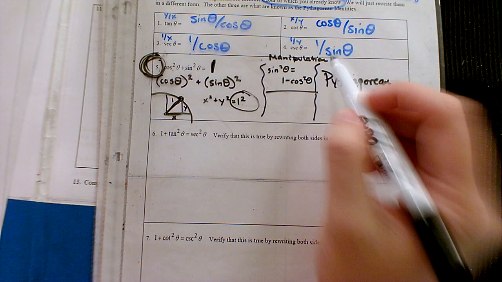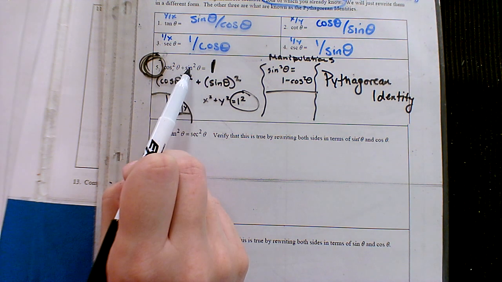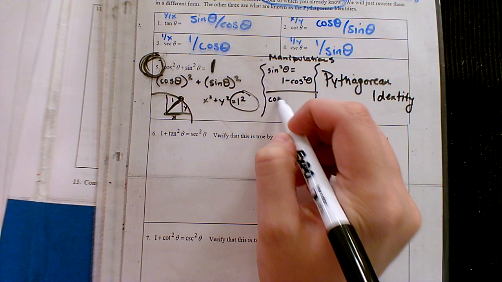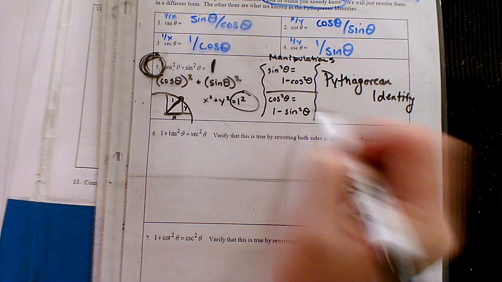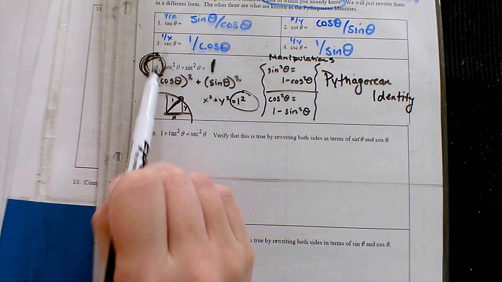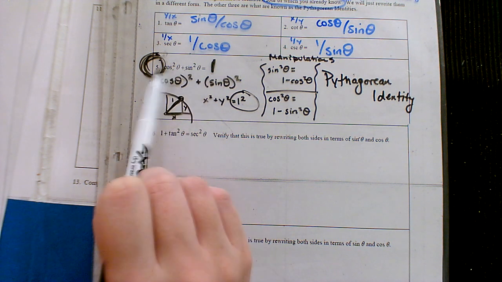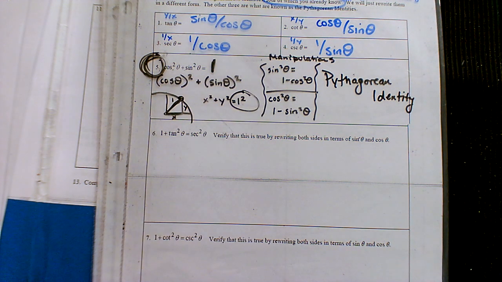Another one, instead of subtracting the cosine squared over, we could subtract the sine squared over. In that case, we'd have cosine squared equals 1 minus sine squared. What I'm trying to do is put all of the identities that we might have to utilize in these next two sections on this one page. That way it's kind of a go-to reference sheet. So this is the main one, cosine squared plus sine squared equals 1. But notice how if you move some terms around, you could also get these identities. But they're related back to the main one.